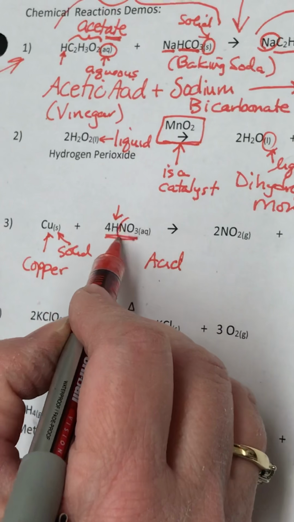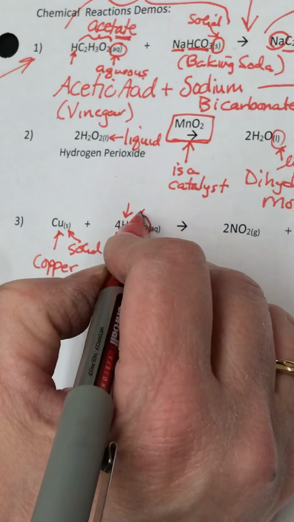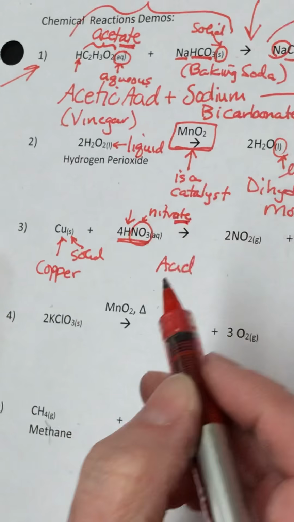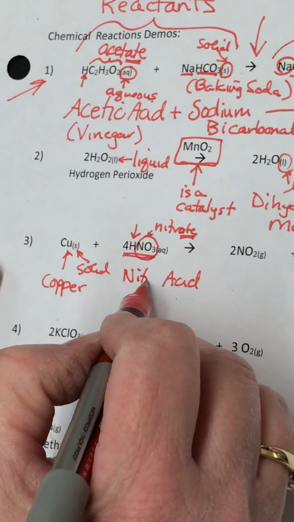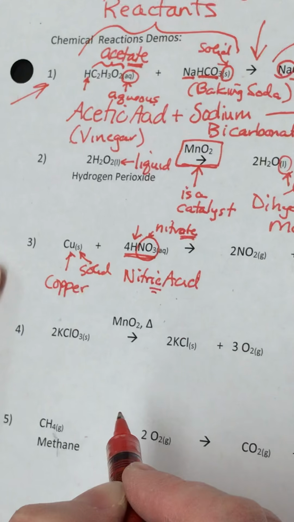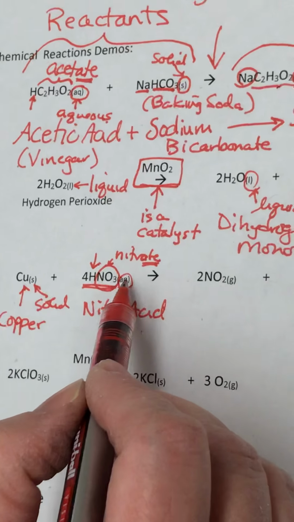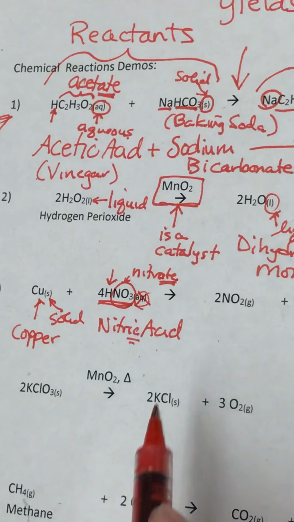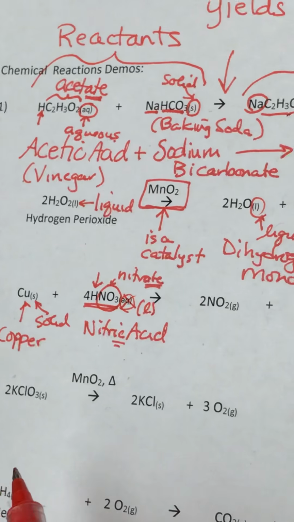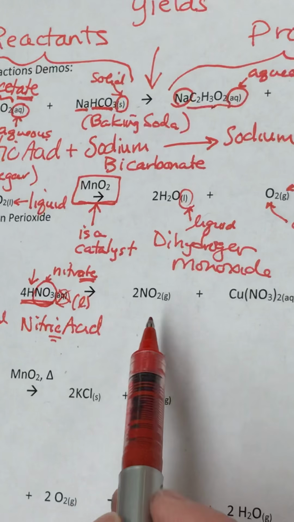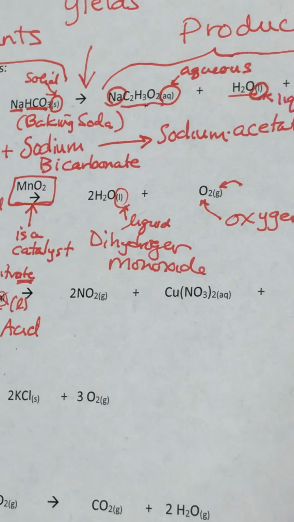And then when we look at the thing that the H is attached to, this thing is called nitrate. Nitrate means it would be nitric acid. So we're going to have some nitric acid. And although this is aqueous, I'm actually using concentrated stuff. So I'm using a liquid. I'm not even diluting my stuff. Yeah, it's pretty strong. Anyway, I'm going to be making these products here.